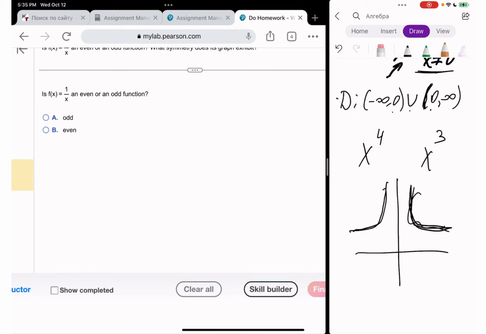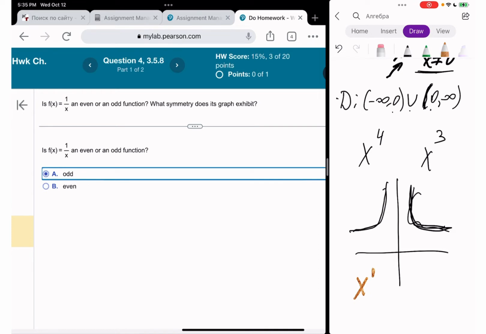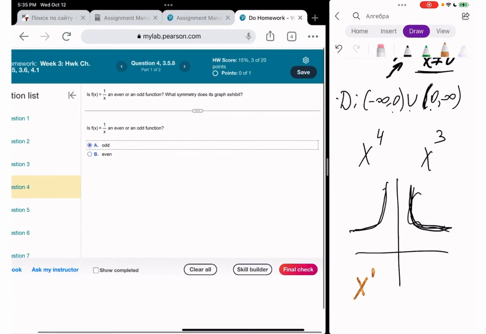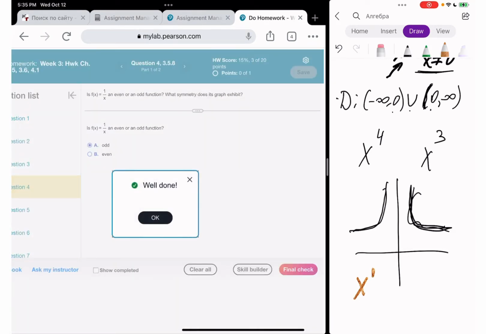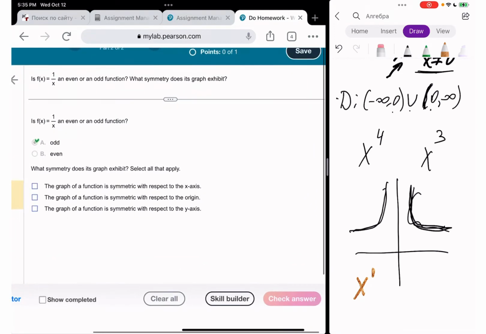Moving to question number 4. We have 1 over x, that means the degree is 1, right? x to the power 1. That means it's going to be odd, correct? Now, we learned that when the function is even, the graph is symmetric to the y-axis.